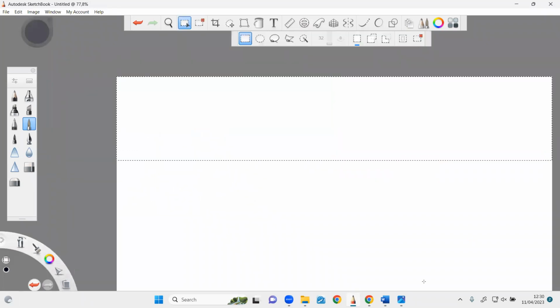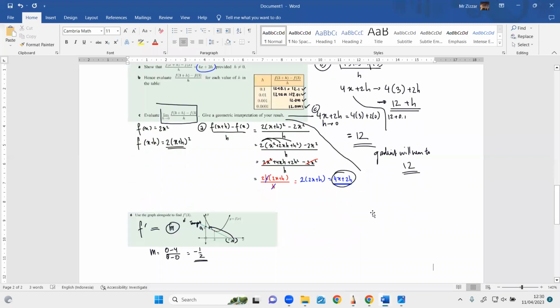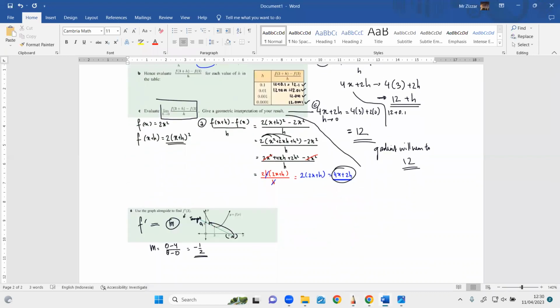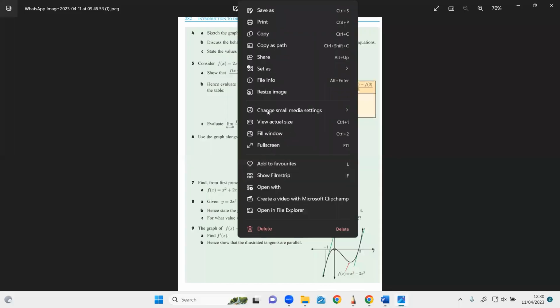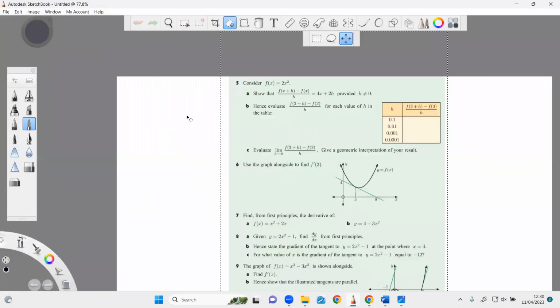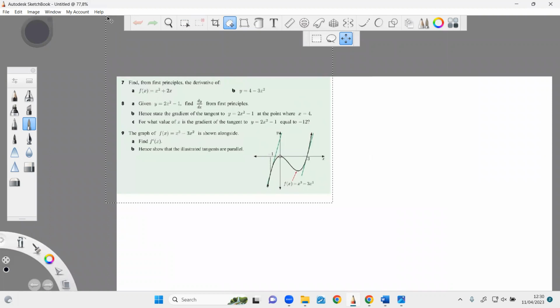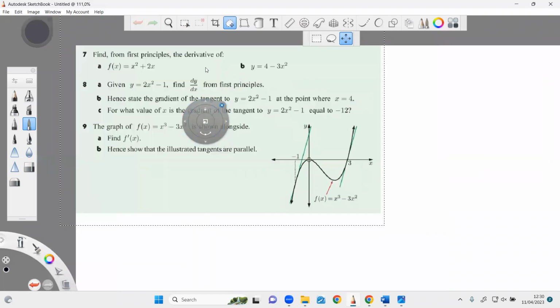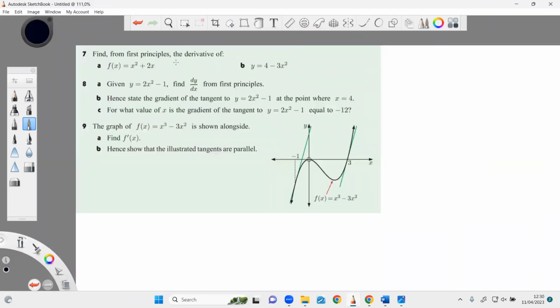Let's go to number 7. Okay, first principle of derivative is quite easy. So for number 7, I have y equals a times x to the power of n.